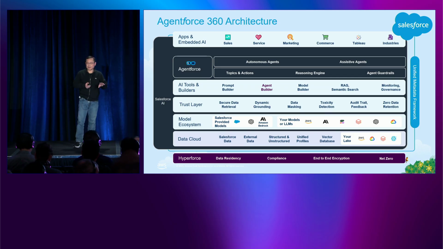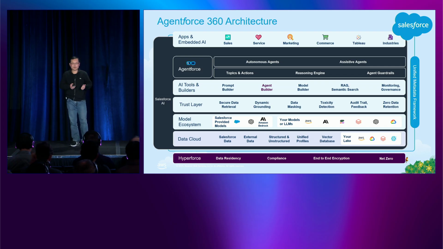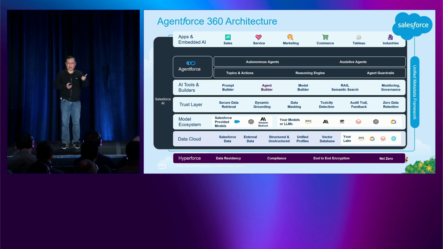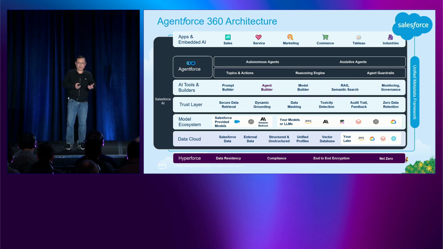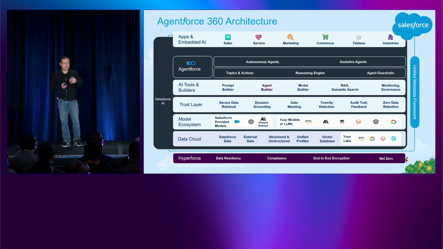On top of it, we build a model ecosystem. We have Salesforce-trained models, we have our customer-trained models, and we also allow customers to access state-of-the-art large language models, such as Anthropic through Bedrock, ChatGPT, Gemini. After that, we build the trust layer, where Salesforce can help customers securely retrieve the data and do the grounding.